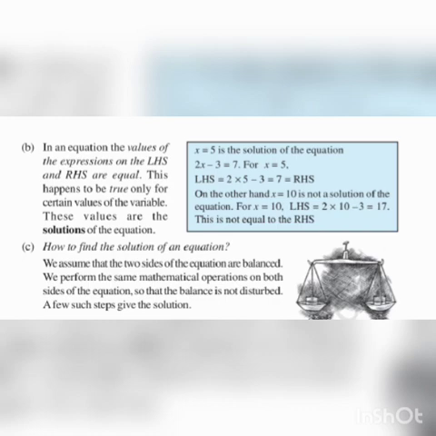RHS value is 7. So both LHS and RHS are equal. So x is equal to 5 is the solution of this equation. Solution means: if our LHS and RHS are equal when we substitute some value for x. Here we are substituting x is equal to 5, and we are getting LHS and RHS equal. So x is equal to 5 is the solution of this equation. Understood children?